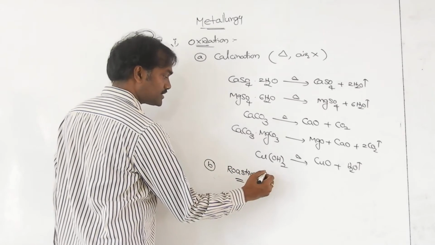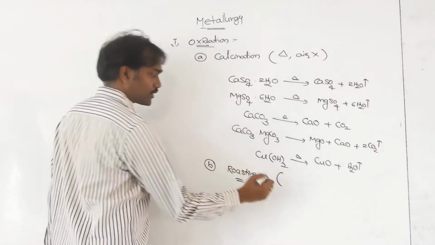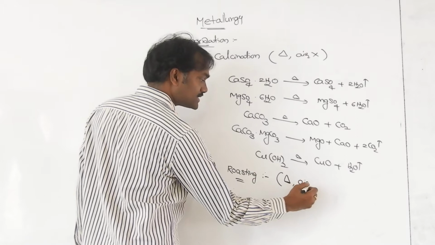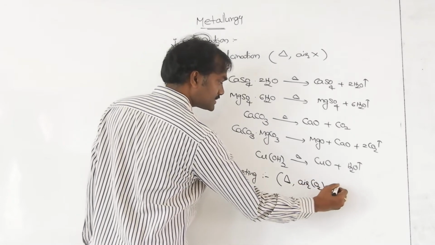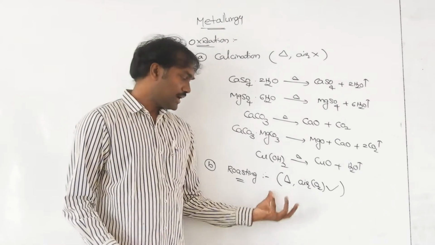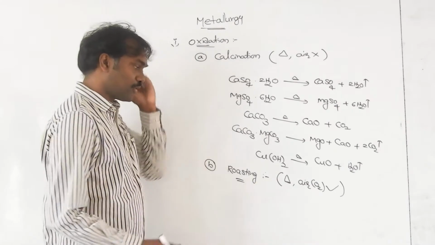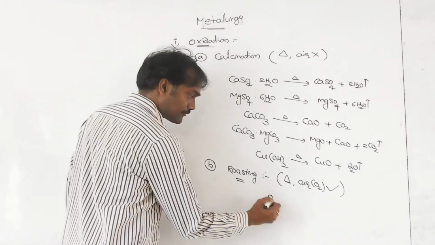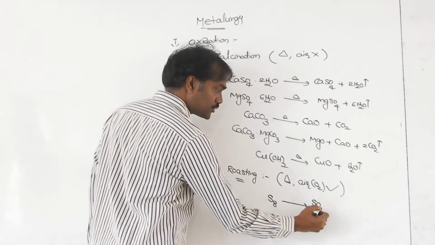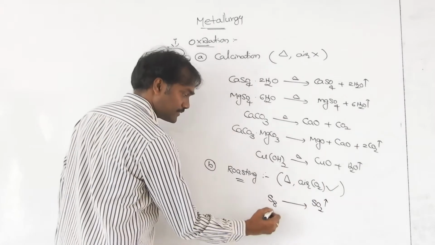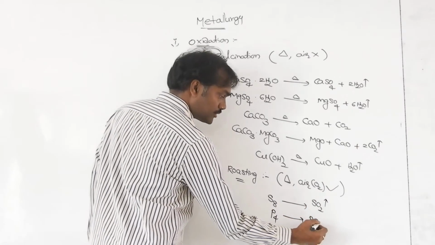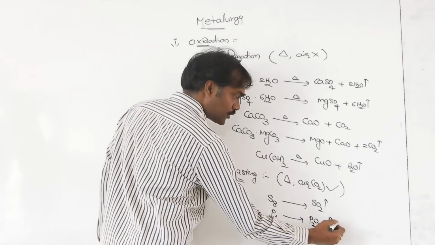So roasting means what? The ore, the above compounds, are heated in the presence of air. In the presence of air means nothing but oxygen. So what happens here? Suppose the ore impurity sulfur, S8, is there. It becomes SO2 gas and goes outside. If phosphorus is there, that is P2O3 or P2O5.